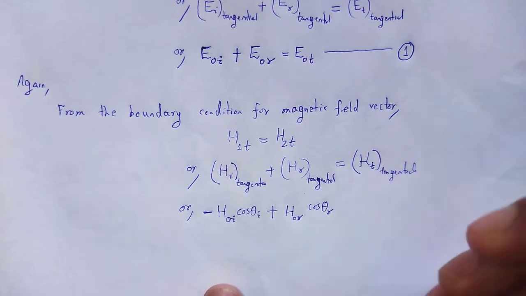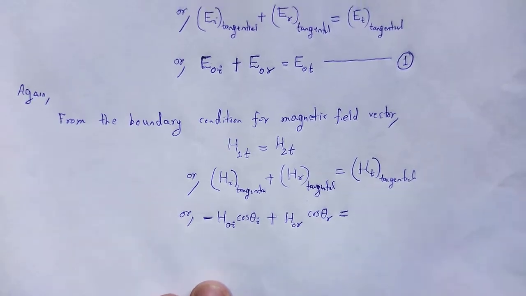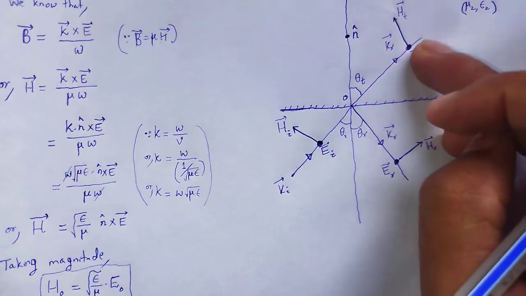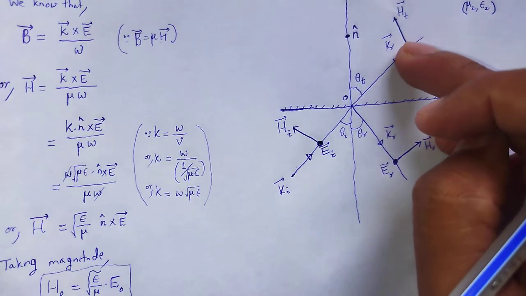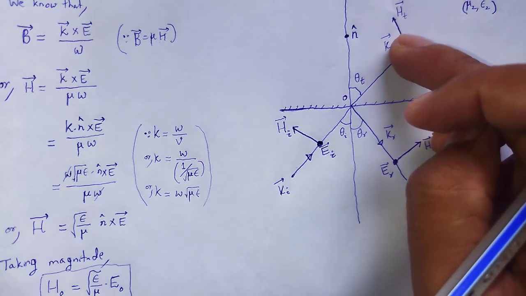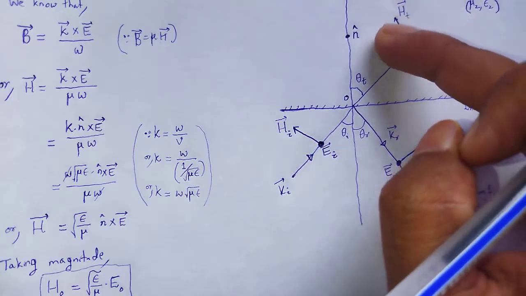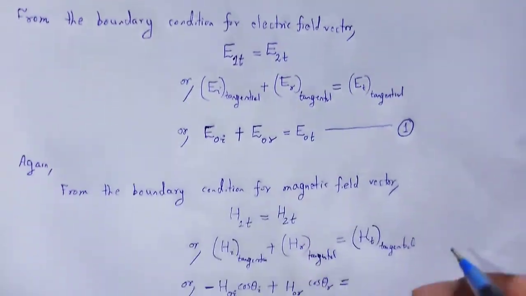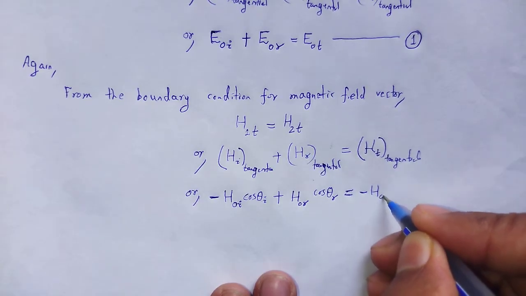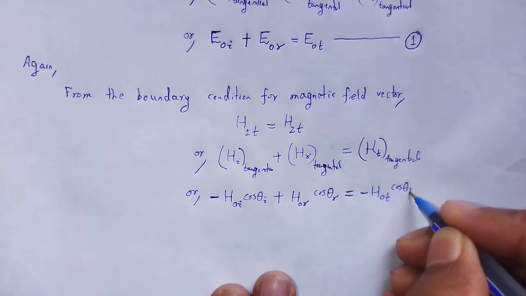This is the amplitude, equal to that for the transmitted wave, where this is the angle theta t. So its tangential component is H_T cos theta t, which is in the same direction as this one. So we prefer the negative sign here: minus the amplitude H O T for the transmitted wave cos theta t.